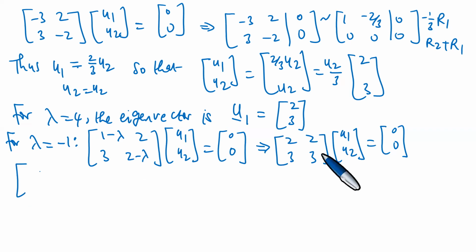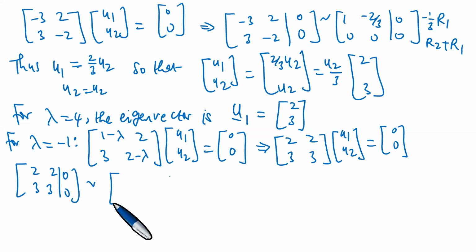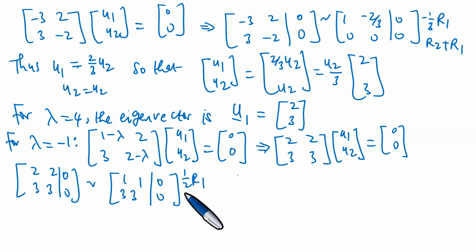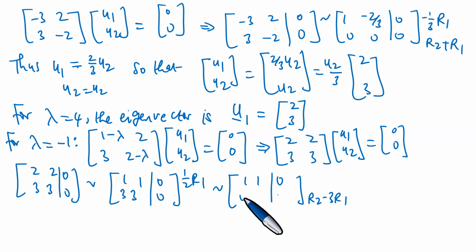So we write the augmented matrix 2, 2, 3, 3, 0, 0. Row equivalent to: multiply row 1 by 1/2, giving 1, 1, 0. Then do row 2 minus 3 row 1, giving 0, 0, 0, 0.